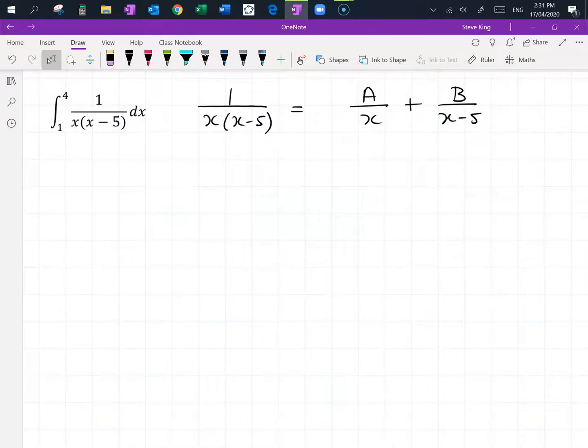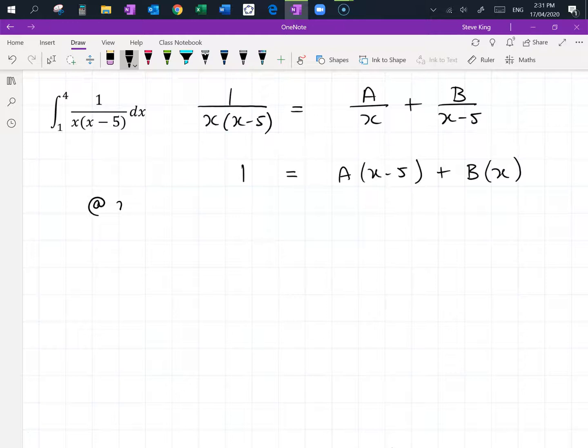And if I multiply through everything by x brackets x minus 5, I'm going to be left with 1 is equal to a times x minus 5 plus b times x. And when x is equal to 0, then I'm going to have that 1 is going to equal a times minus 5.